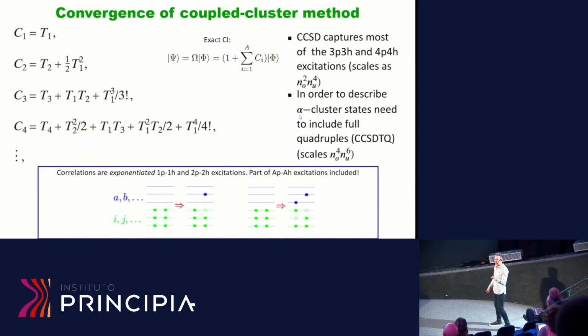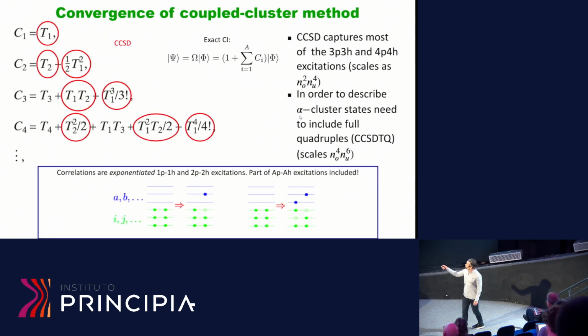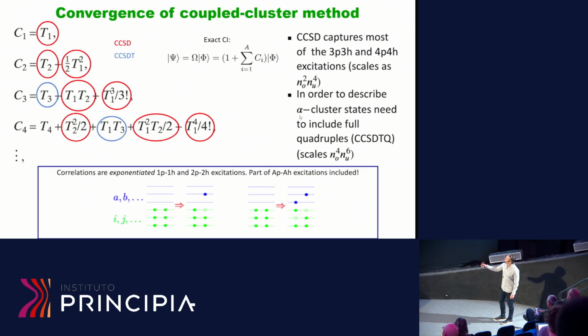So if you do CCSD, these are the terms that you include. You can see that already at the CCSD level, coupled cluster singles and doubles excitations, you basically include most of the correlations in the full CI wave function already. Now if you go to what is known as triples, you have exact up to a 3-particle system, so the 3-body system is exactly solvable, but you also see that you include terms up to A-particle A-hole, which comes from the exponentiation of this correlation operator.